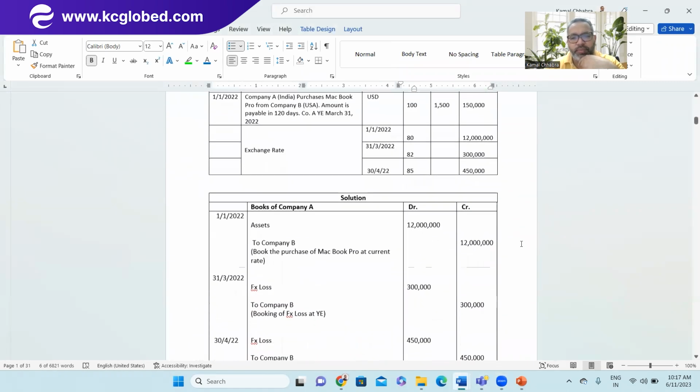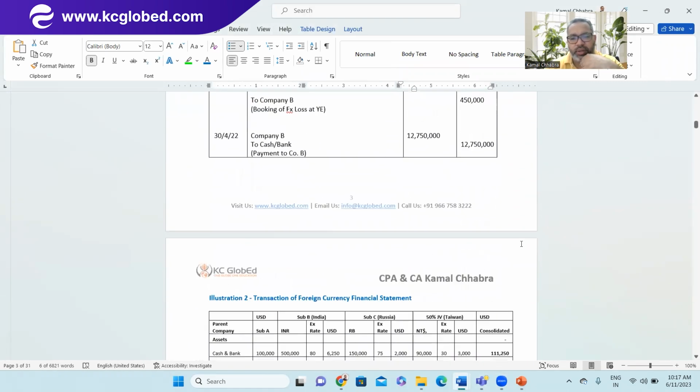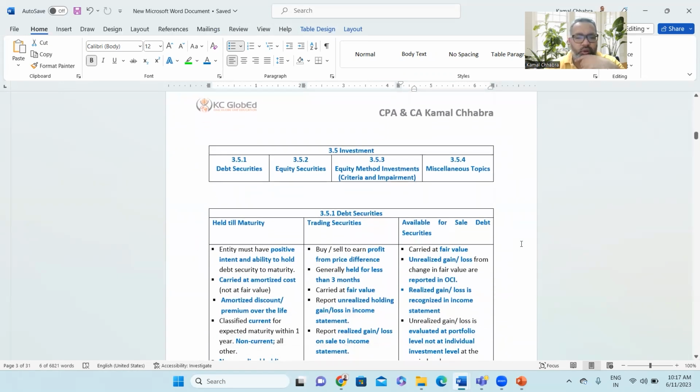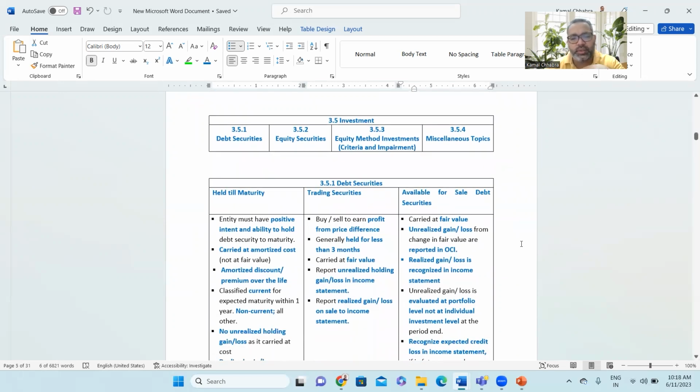After that we did certain examples and illustrations, and then we started a new topic called investment. Last week we covered debt security: held till maturity, trading security and available for sale.